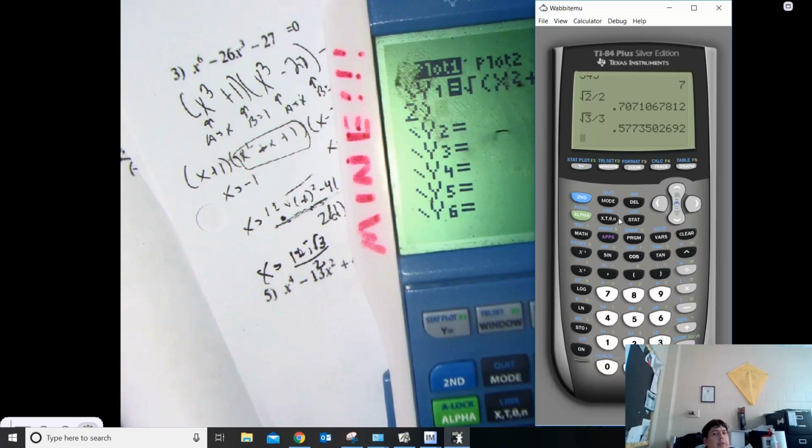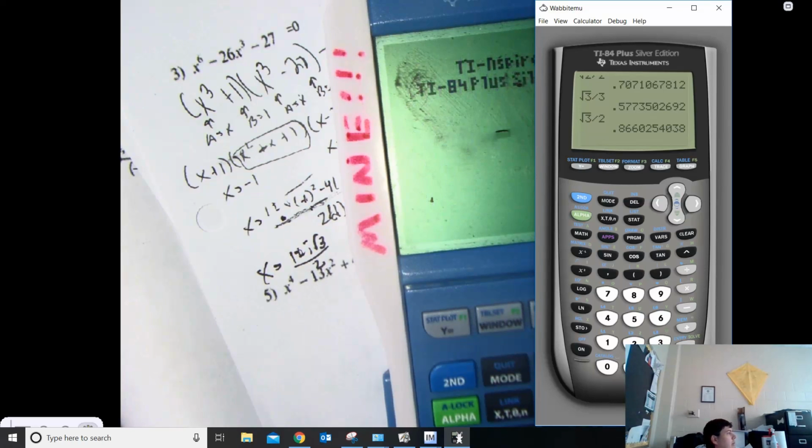Oh, sorry, that's not root of 3 over 3. It's root of 3 over 2. It's the point we just found. That was the actual absolute closest that graph ever gets to the origin. Hey, we did example 1. All right. On to example 2.